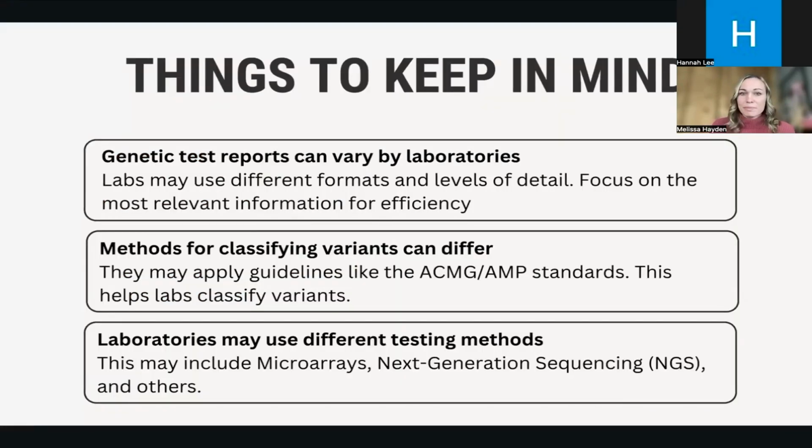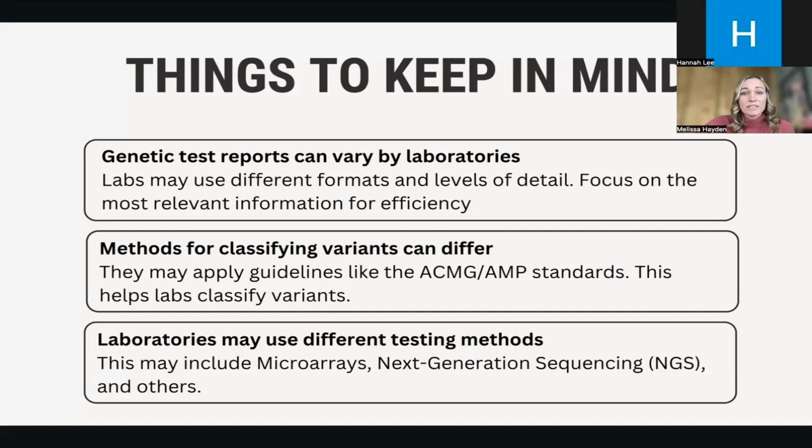Genetic test reports can vary by lab, with different formats and levels of detail, so it's important to focus on the most relevant information for efficiency. Labs may use different nomenclature for naming genetic variants, so it's always a good idea to ask questions if anything is unclear. Methods for classifying variants can differ between labs, and they may apply guidelines like the ACMG standards, which are standards used by labs to classify genetic variants based on evidence, helping to determine whether a variant is likely to cause disease or is benign.